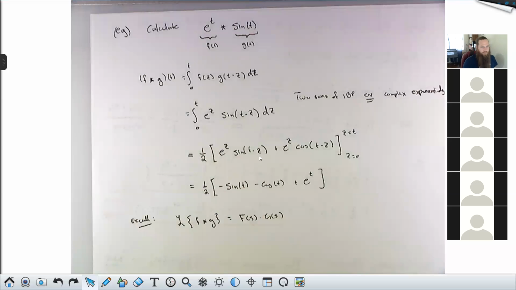So if I wanted to take the Laplace transform of this convolution, then I could just multiply the Laplace transforms of e to the t and sine t, respectively.